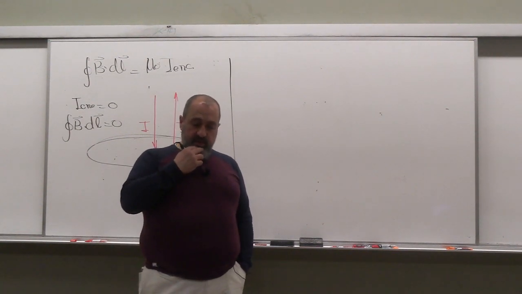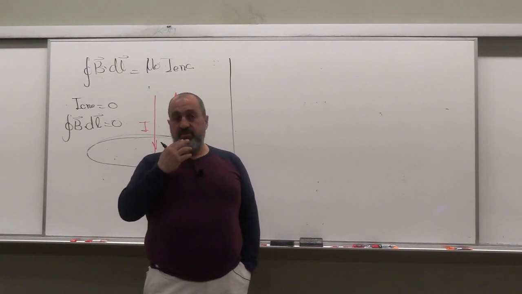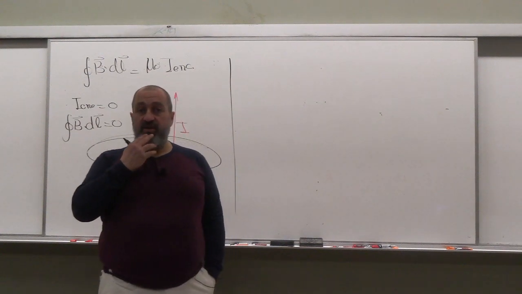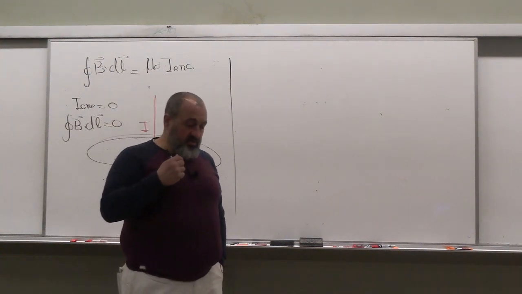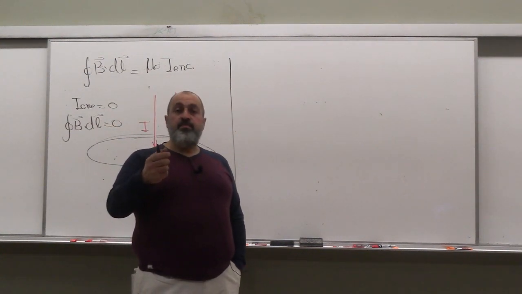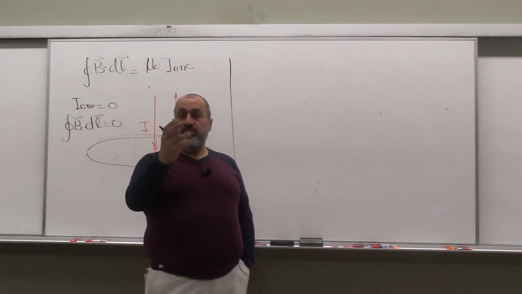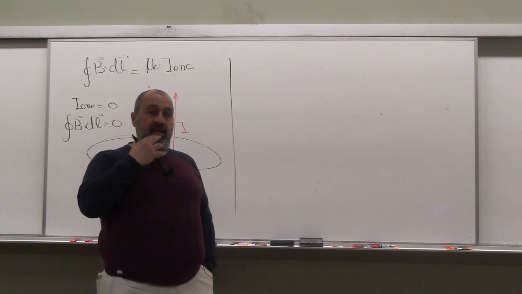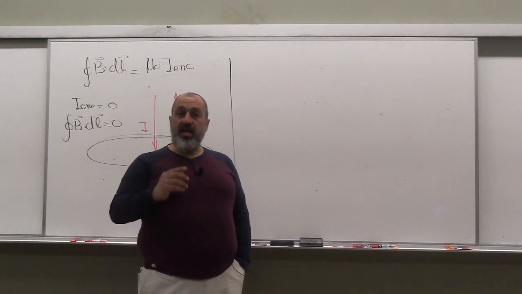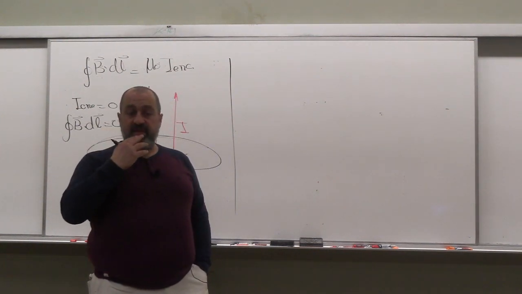The prominent symmetries, only 3 symmetries that we use Gauss's law for to calculate fields, were spherical symmetries, like a point or a sphere with uniform charge distribution, for example, a long line of charge, and an infinite plane of charge.